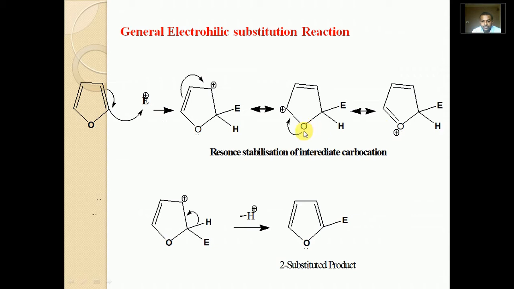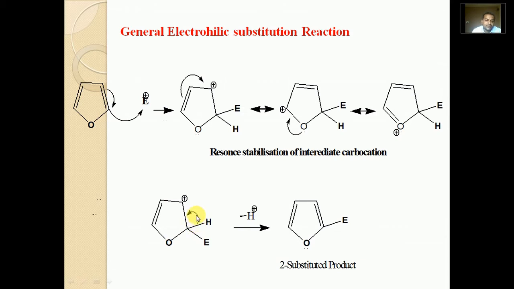Oxygen, a neutral atom, loses a pair of electrons and becomes positive. In this way, 3 resonating structures are formed after attack at the 2 position. These resonating structures finally undergo deprotonation by any nucleophile in the reagent. This proton is abstracted, leaving the bonded pair of electrons.